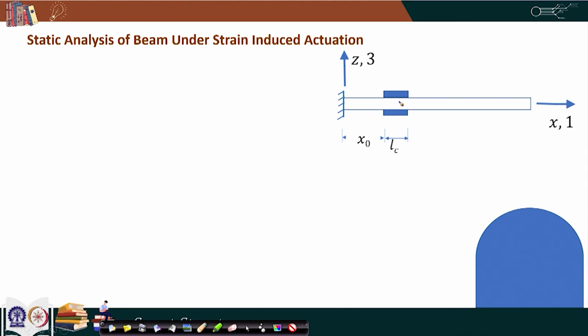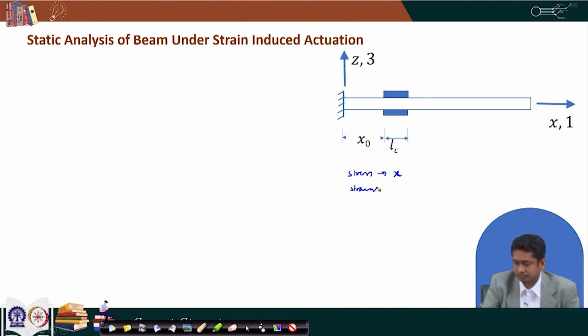So, we will neglect any strain or stress along the y direction. Our only stresses are along x direction, which we call direction 1 also.